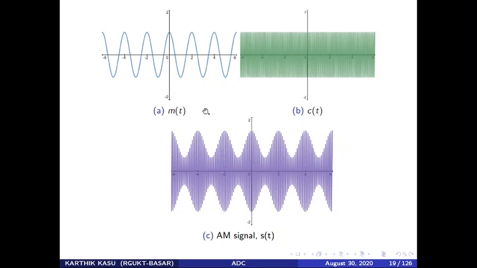So exactly, the amplitude of the signal is following this message signal. So that is the definition of amplitude modulation. What do you mean by that? The amplitude of the carrier signal will be modulated or varied according to the message signal. Is it okay? I hope you are okay with this. So we stop here.